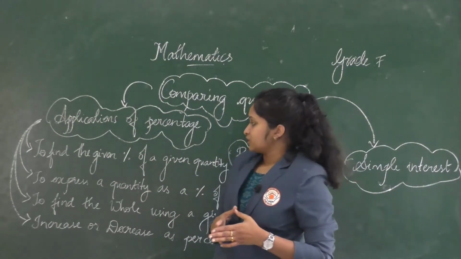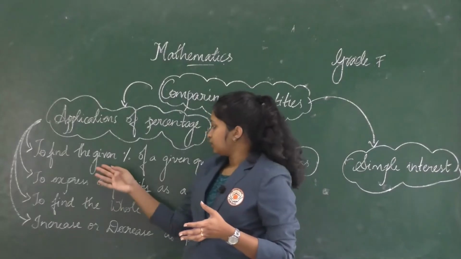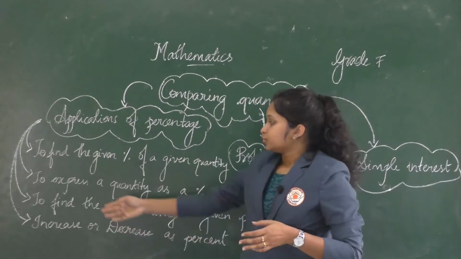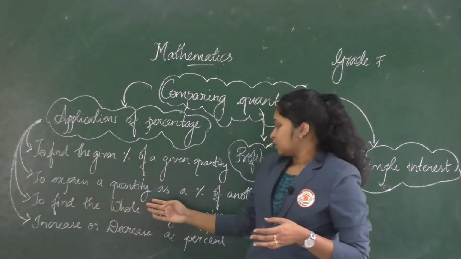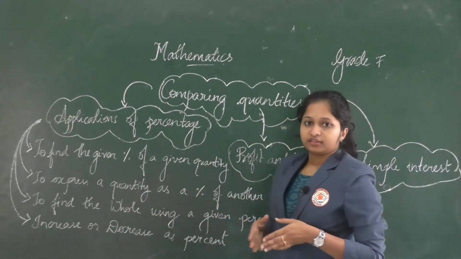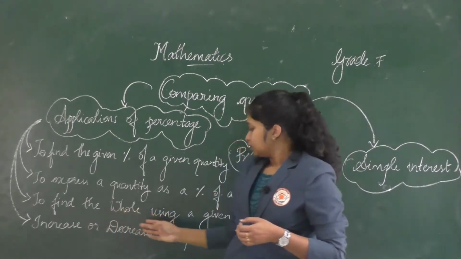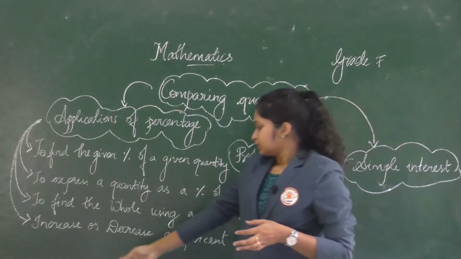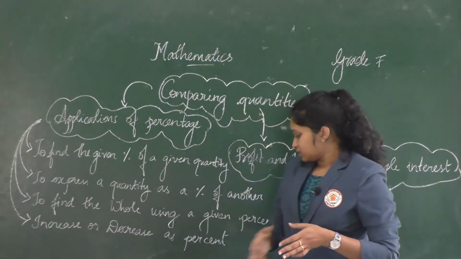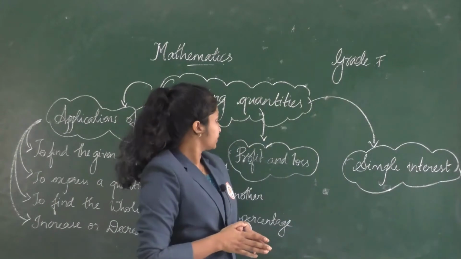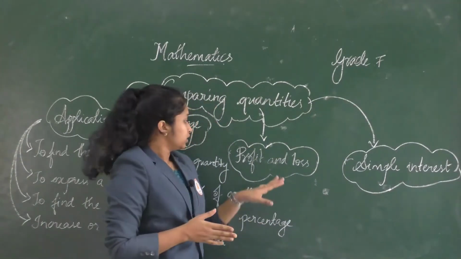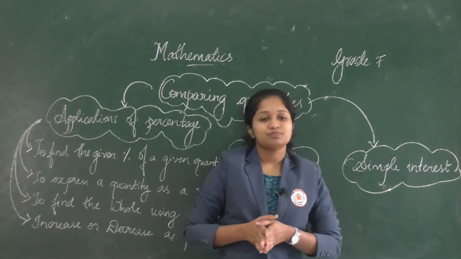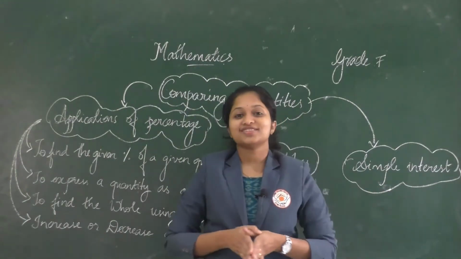Under the applications, we would learn how to find the given percentage of a given quantity, to express a quantity as a percentage of another, to find the whole using a given percentage, to increase or decrease as percent. And we will learn about profit and loss and about simple interest. So let's start the class.